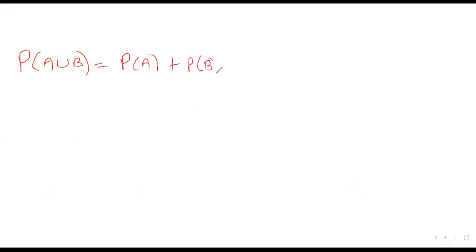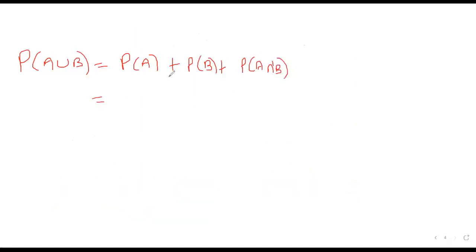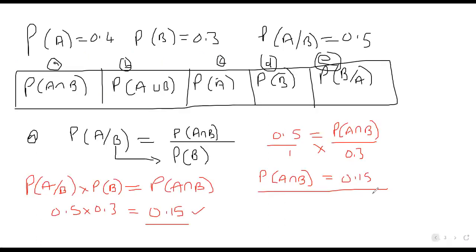It's the probability of A plus the probability of B minus the intersection of A and B. So our A probability was what? 0.4. Our B probability was 0.3. The intersection is 0.15. So this simply means that if you get the intersection wrong, you therefore get the union set formula wrong. So 0.4 plus 0.3 minus 0.15.